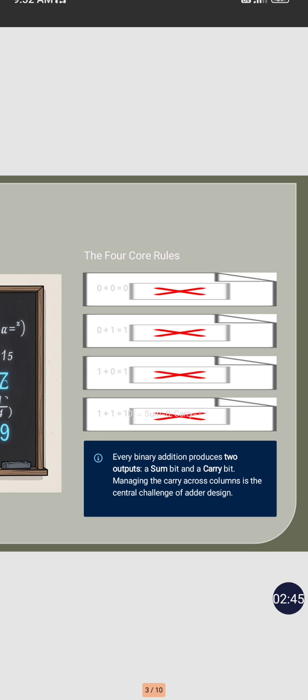In the last case, sum equals 0 and carry equals 1. The carry is the most important concept in digital addition. Every binary addition produces a sum output and a carry output. The carry is the main challenge in designing adder circuits.